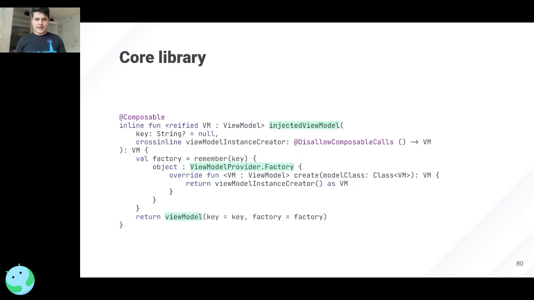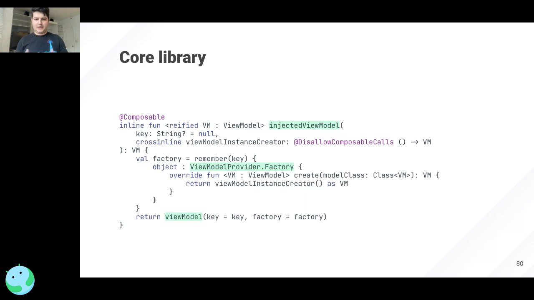This is a helper function. It works pretty similarly to how the Hilt viewModel function works. But while Hilt instantiates all the components automatically, in this case we still need to create this Dagger component, which is not a very complex task.